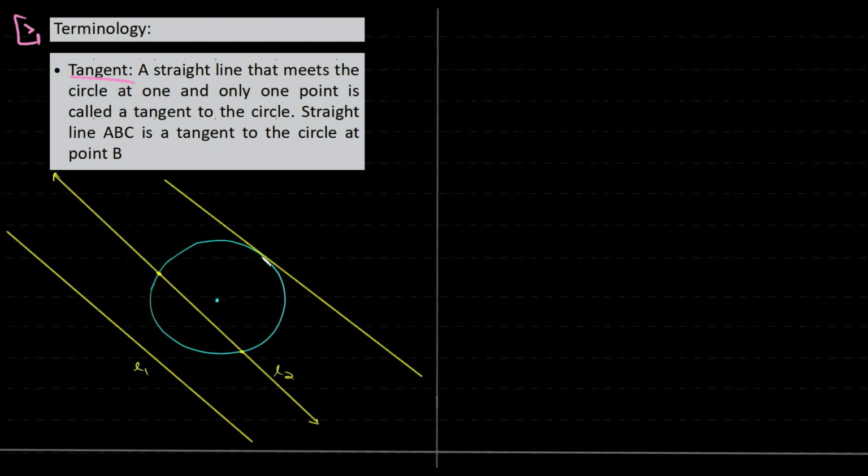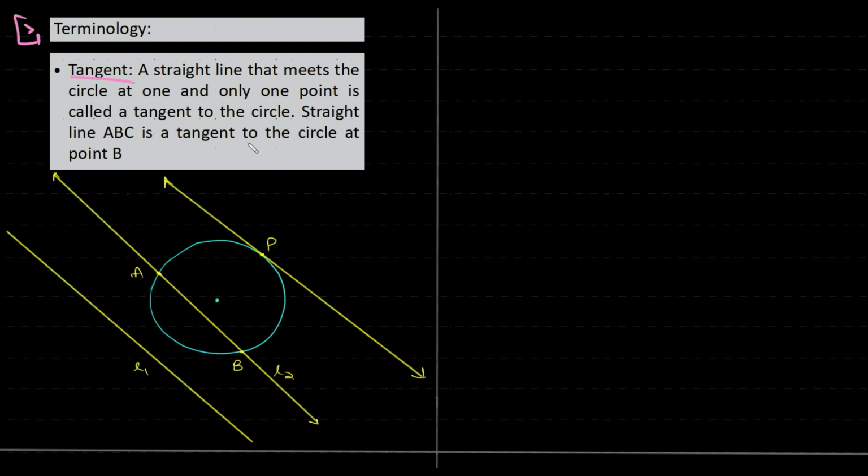The third line is a particular scenario wherein the line is touching the circle at a single point. Such a line is called a tangent. Why is this important? You learn as and when we go, but you need to know this. A straight line that meets the circle at one and only one point is called a tangent to the circle.